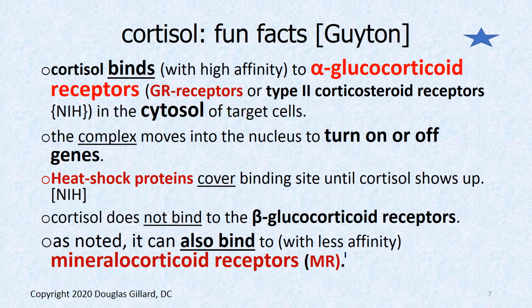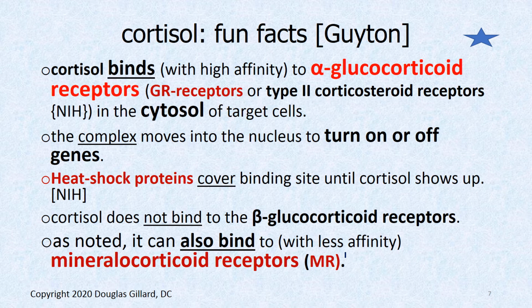Cortisol is a steroid, right? It can float right through the cell membrane. It doesn't need a receptor. It floats right through. So its GR receptors live inside, floating around in the cytosol. And once it binds, the two go hand in hand, and they go into the nucleus, and they impart some change. Heat shock proteins, you've probably heard about those. I'm sure you've had biology classes. They cover the binding sites until cortisol shows up, or aldosterone.